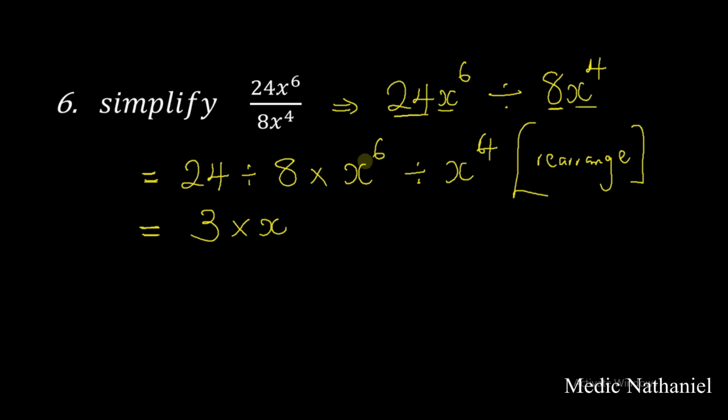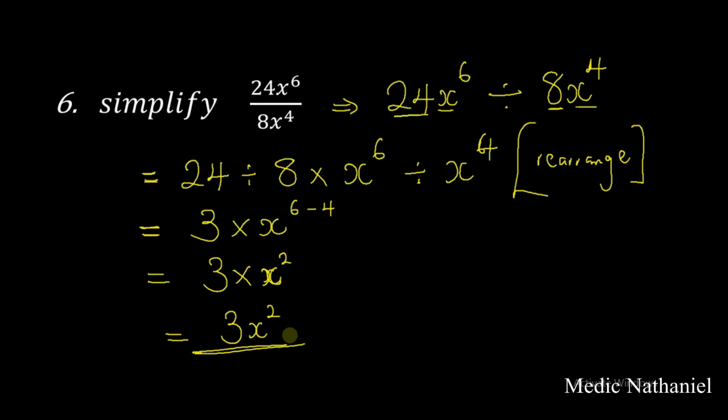Then I will now subtract the powers, 6 minus 4. So that will be equal to 3 times x raised to the power of 6 minus 4, which will give you 2. So 3 times x raised to the power of 2 will be equal to 3x raised to the power 2. This is the answer. It is very simple.